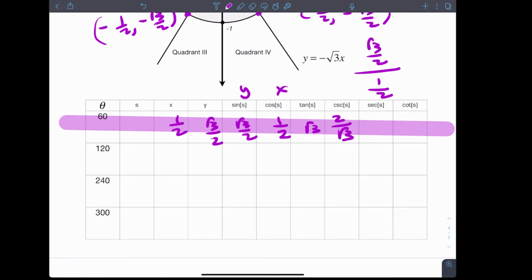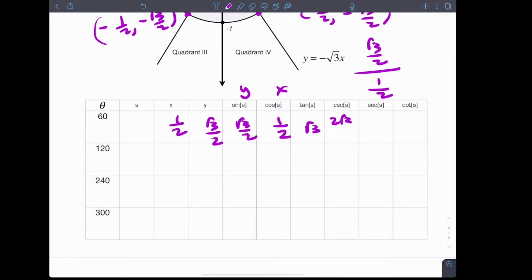Do we rationalize? Thank you. What does that give you? 2 square root of 3 over 3? Secant, reciprocal of cosine. 2. Cotangent. 1 over the square root of 3. Is that right? But what does that become rationalized? Square root of 3 over what? 3. What's the arc length for 60 degrees?